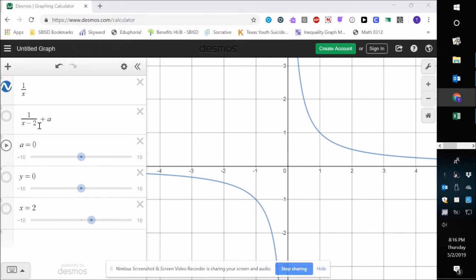So when we have a number behind the x, we saw that in the square root, the cubic, the quadratic, and the absolute value, whenever they have a number behind the x, the transformation was left or right. So let's take a look at what happened if it's x minus 2.